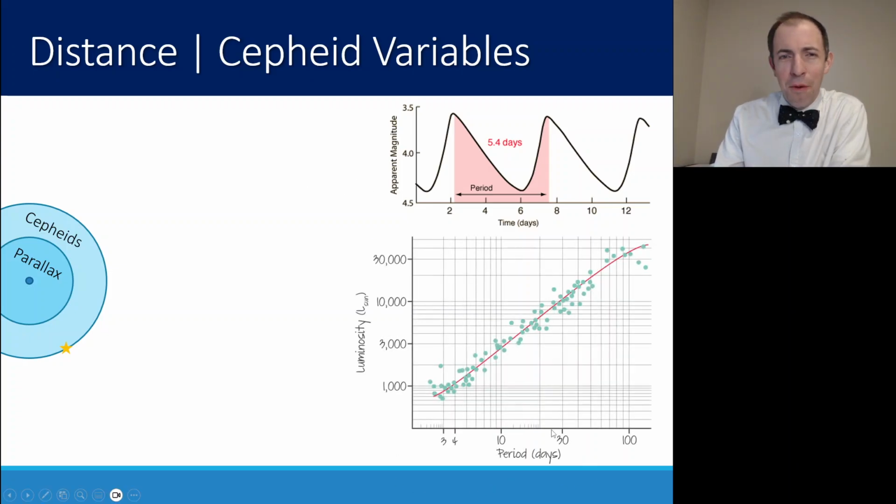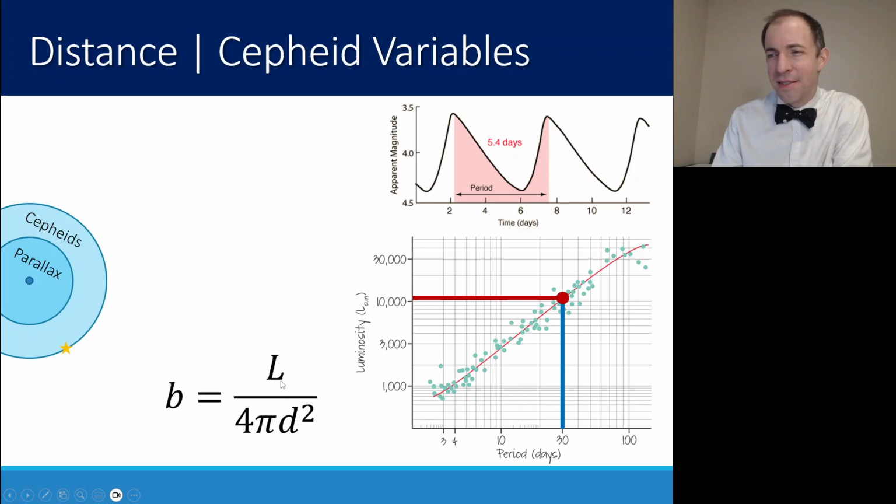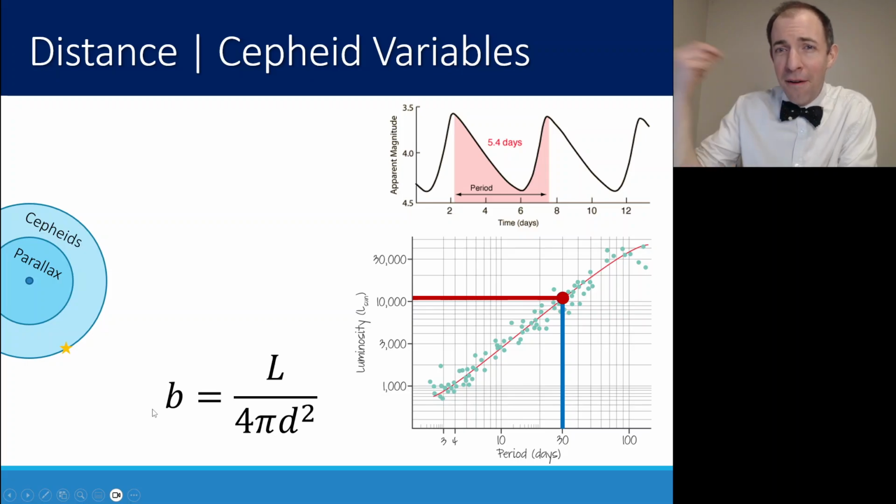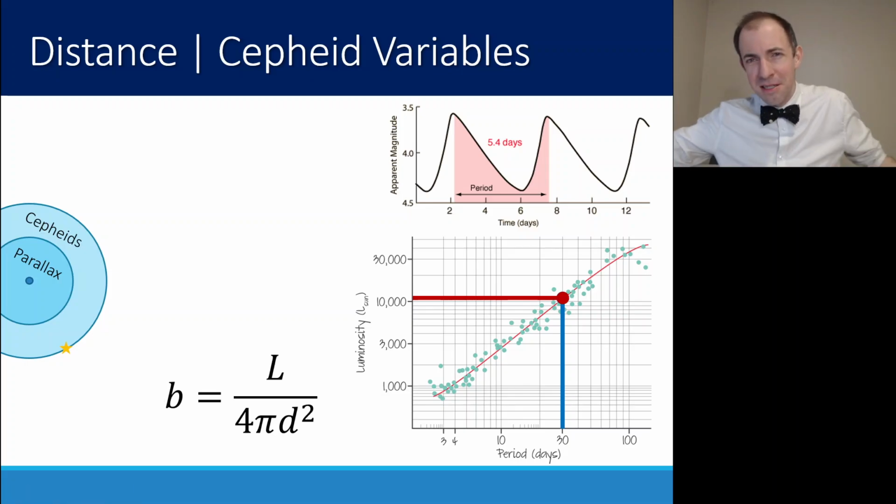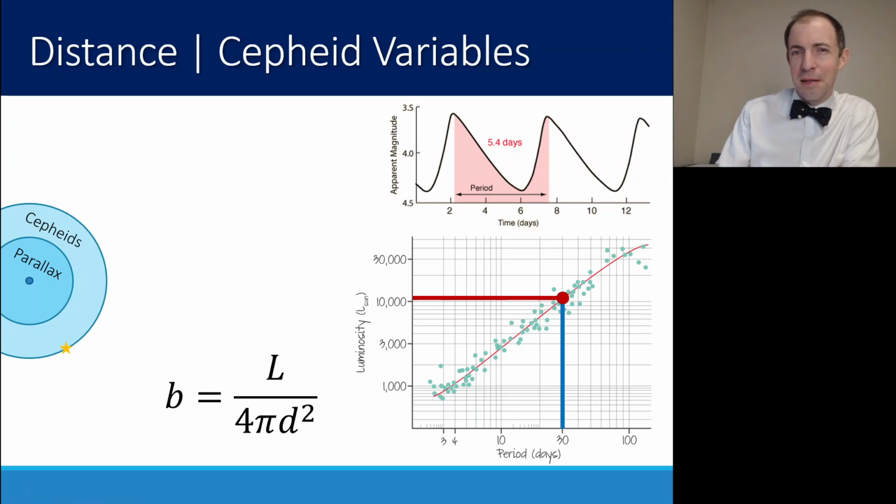And we look at what that period is on this luminosity-period measurement from Henrietta Leavitt and use that to determine the luminosity of the star. This is called the standard candle strategy. And that standard candle, if we know the luminosity of that star and we know the brightness that we see it in the night sky, we can calculate the distance. So luminosity and brightness are enough to find distance. So we can measure a distance a little bit farther than parallax is able to do.